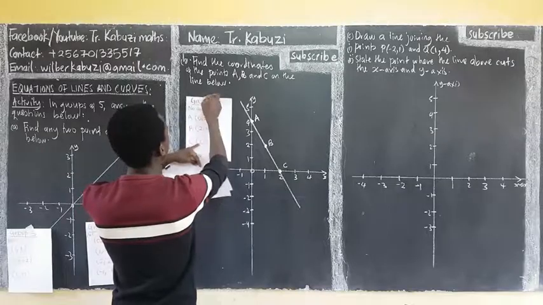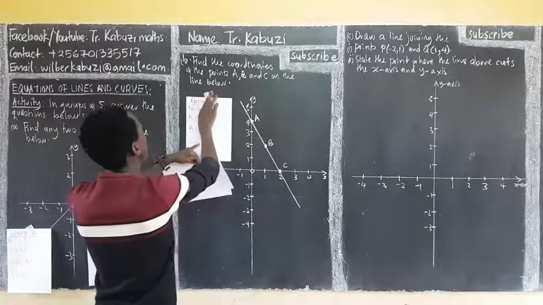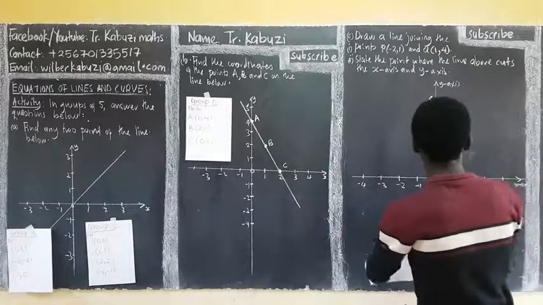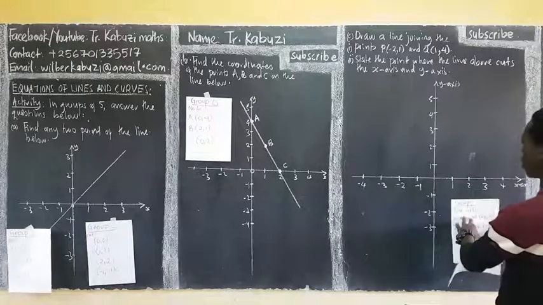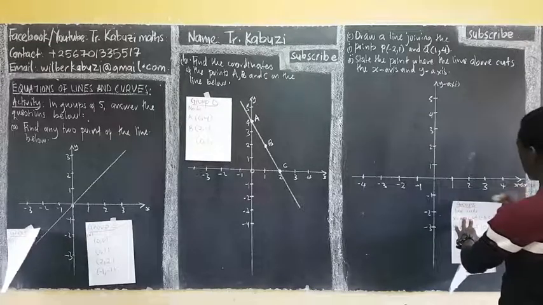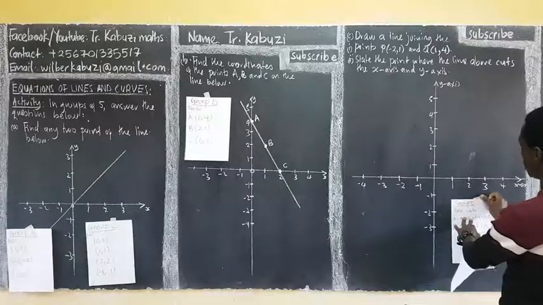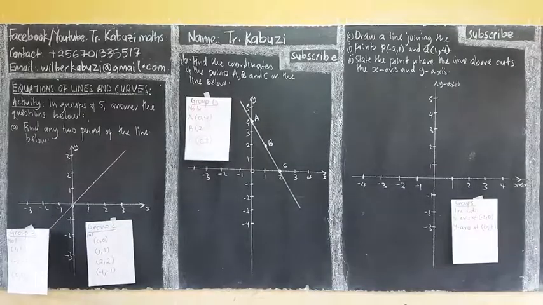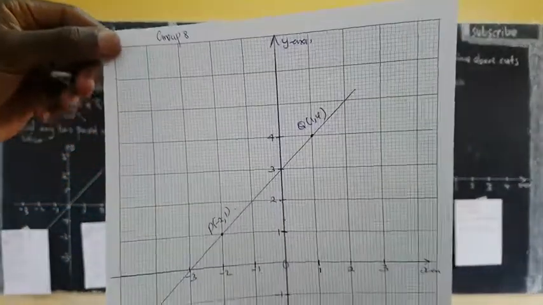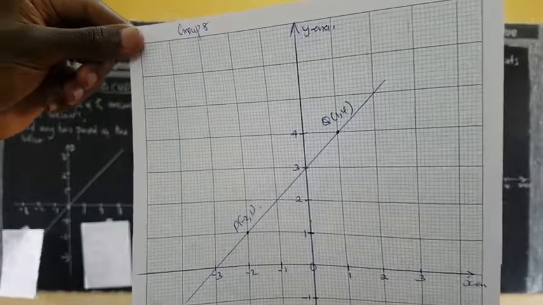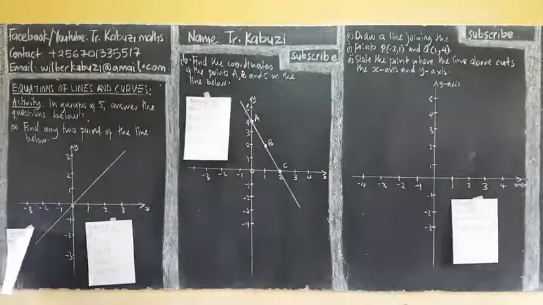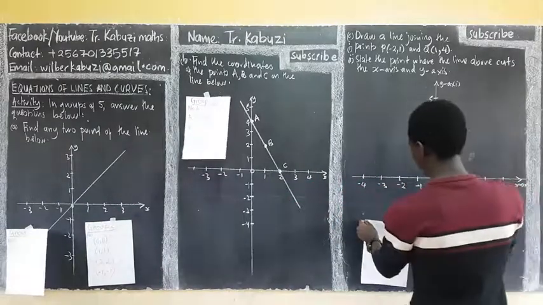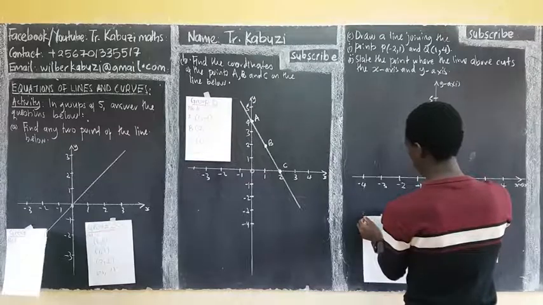So I think I can put it here. Then we have group 8. So group 8, let me put them here. You look at the graph of group 8. I think all of you can see it from here. So that's how they are able to plot it. So this is their graph.